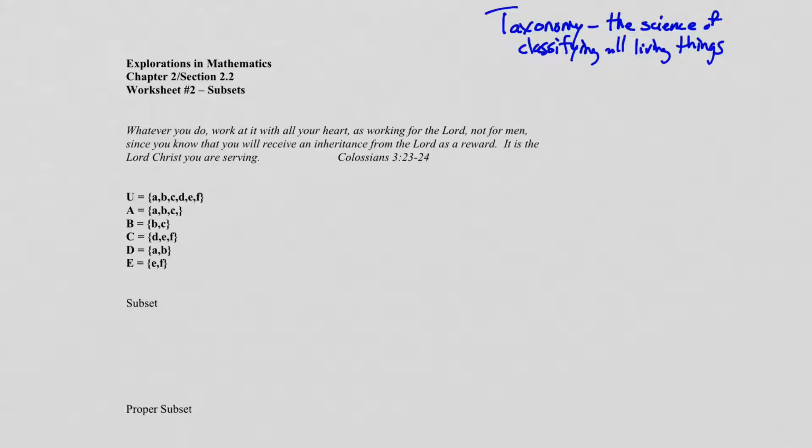Basically, when we started to organize things into sets and subsets, Aristotle came up with the ladder of life.